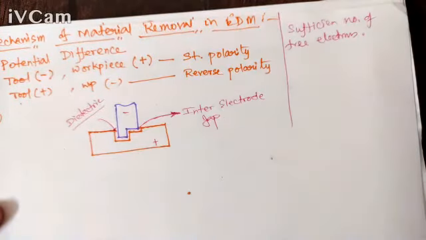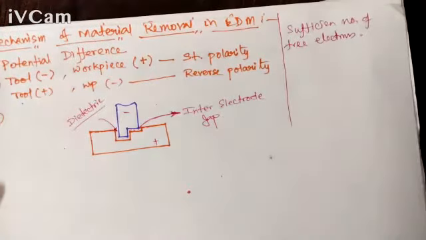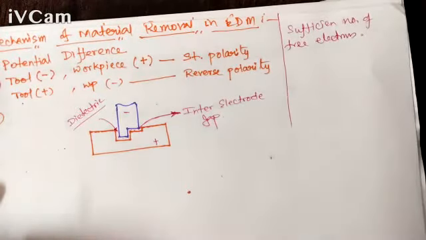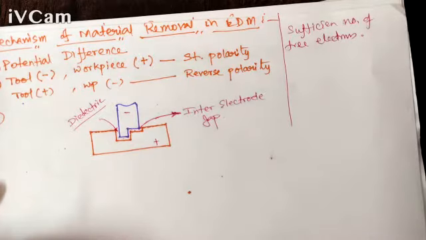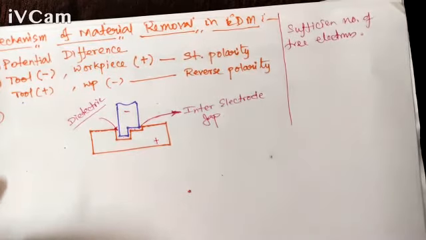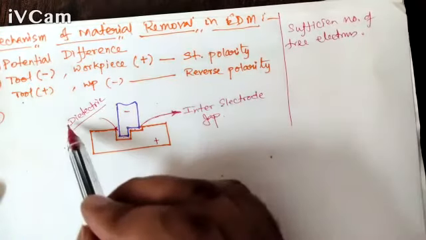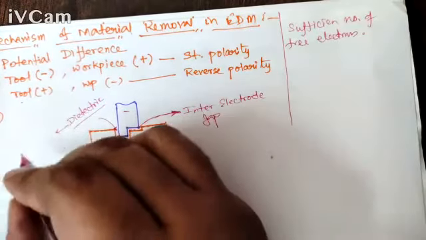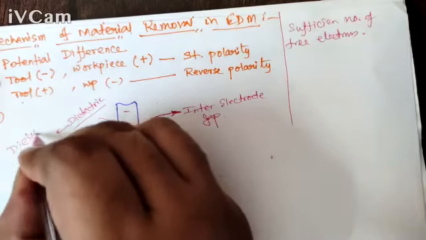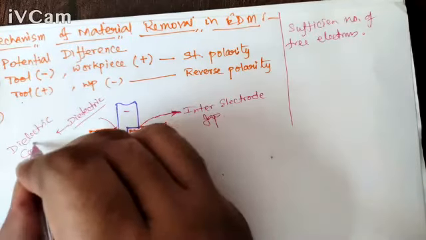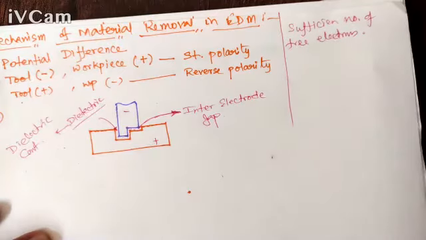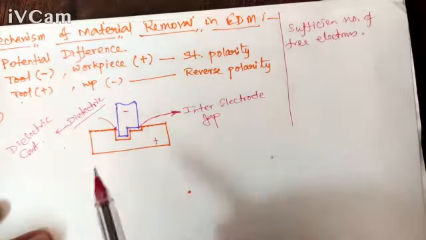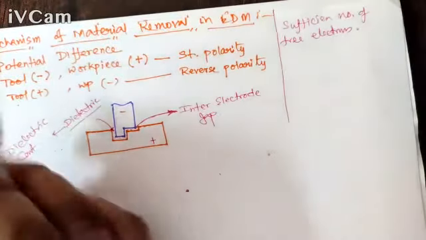In the last class I already discussed many things about dielectrics: the different types of dielectrics we use, why it is called a dielectric, and what the properties are. These dielectrics are chosen depending on their dielectric constant. Clear? So here we have established the electric field.